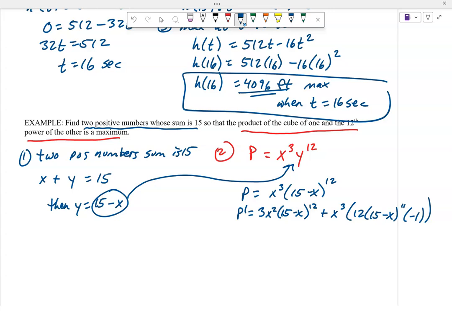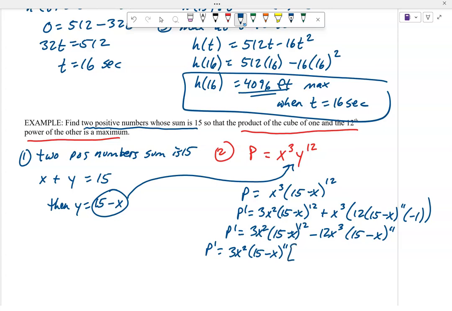And so we've got the first derivative: 3x squared times 15 minus x to the 12th, minus 12x cubed times 15 minus x to the 11th. Let's go ahead and take out a 3x squared and a 15 minus x to the 11th.